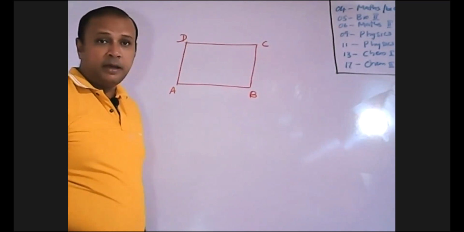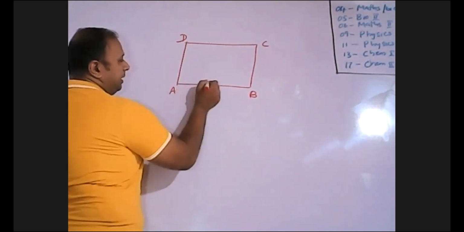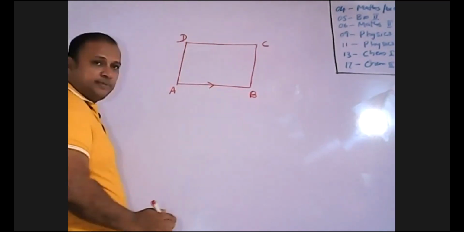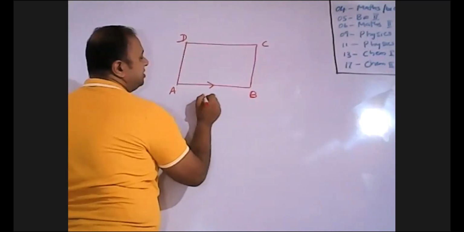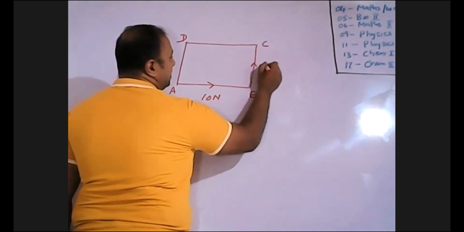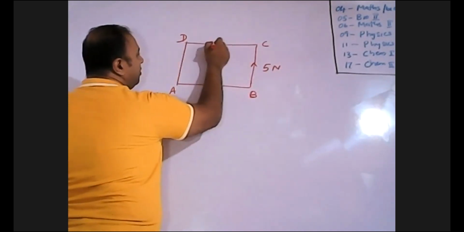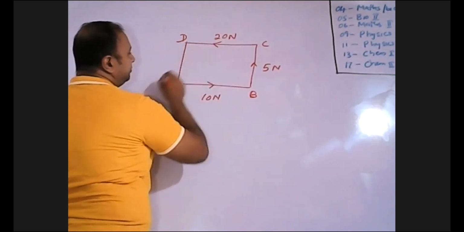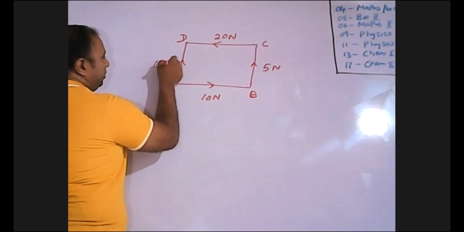If it is a rectangle, and there is a force in the AB direction, which is equal to 10 Newton. This is 5 Newton. Then again 20 Newton and 10 Newton.